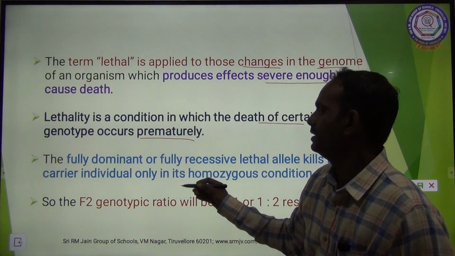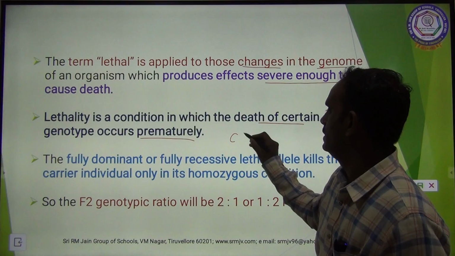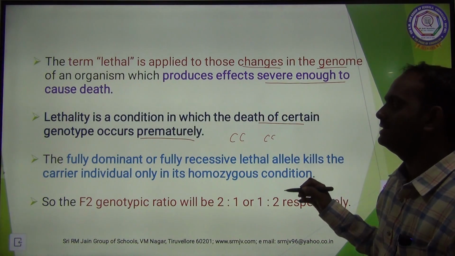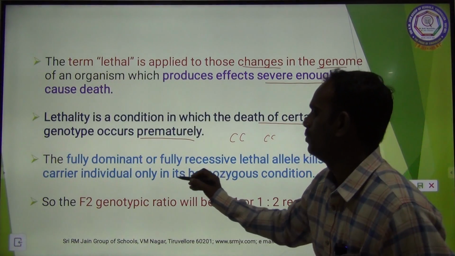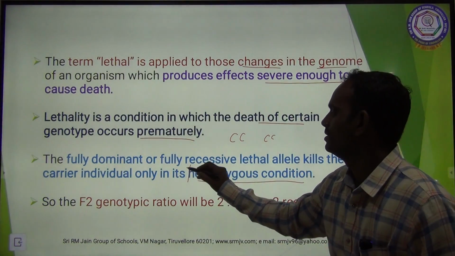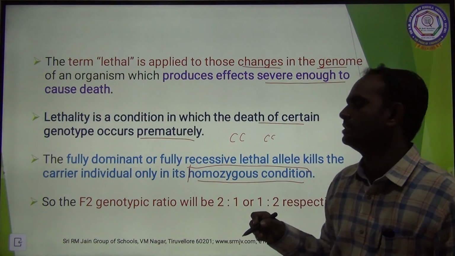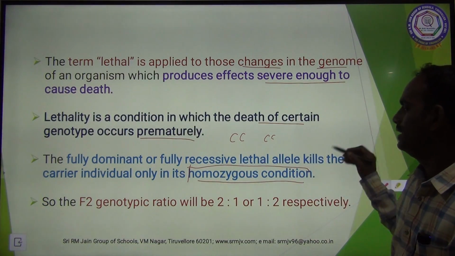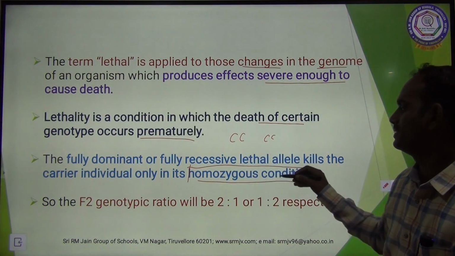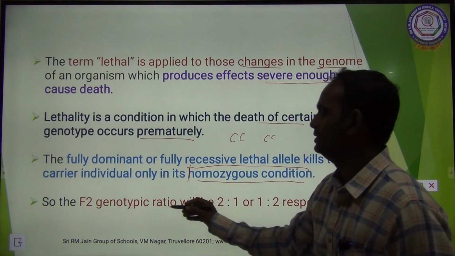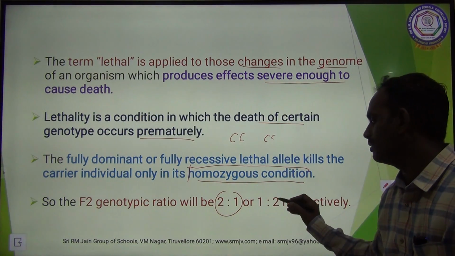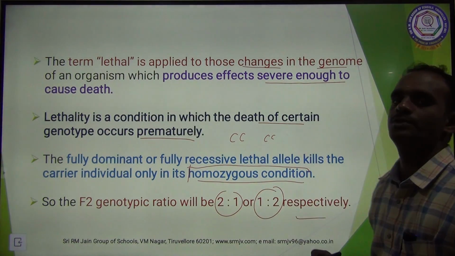A fully dominant or fully recessive lethal allele kills the carrier individual only in the homozygous condition. Very, very important. So the F2 genotypic ratio will be 2:1 or 1:2 respectively.